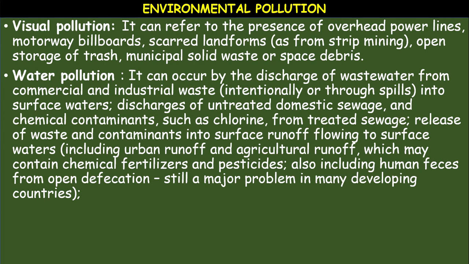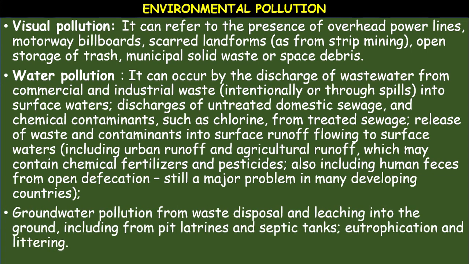Over usage of pesticides, insecticides, the chemicals in the agriculture fields, that water runs off into different drinking water sources. Then groundwater pollution from waste disposal and leaching into the ground, including from pit latrines and septic tanks, eutrophication and littering.